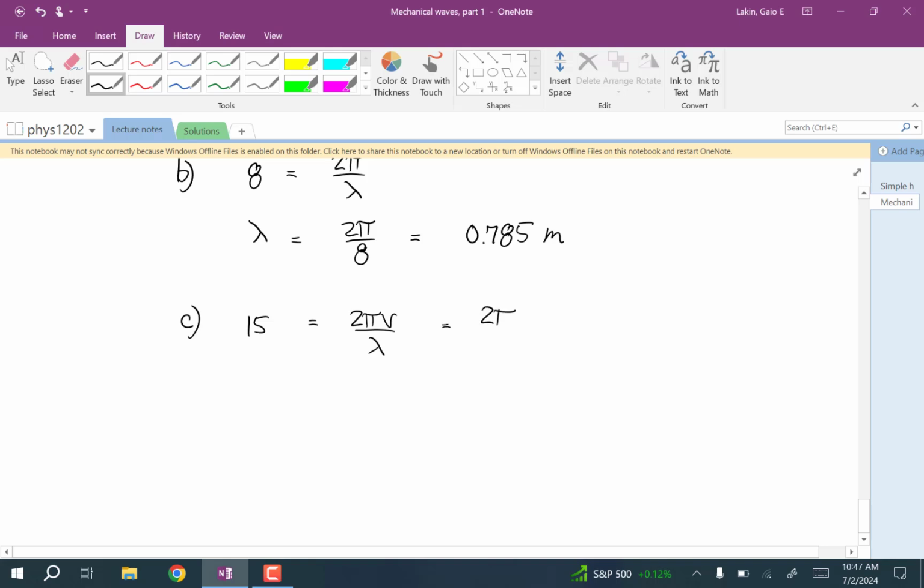So that's 2 pi v over 0.785. And that lets us calculate v. So v in this case comes out to be 1.875 meters per second. Well, what does that do for us?